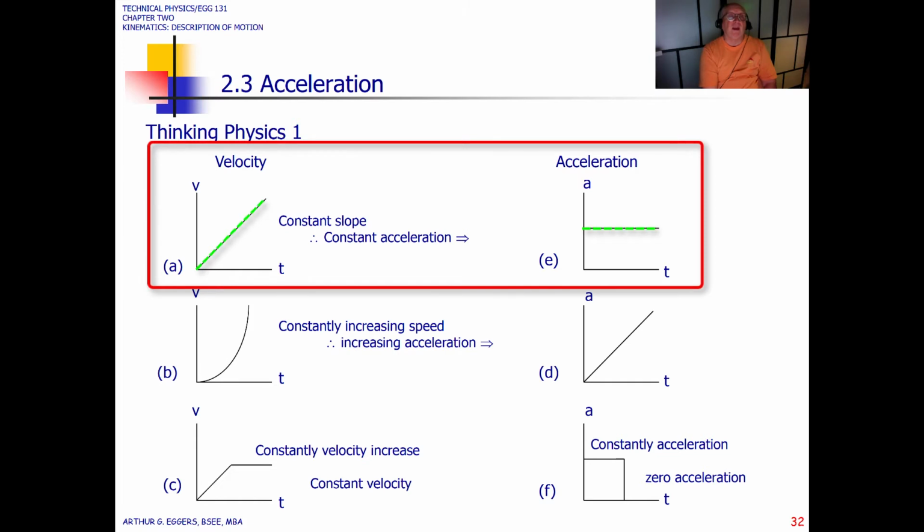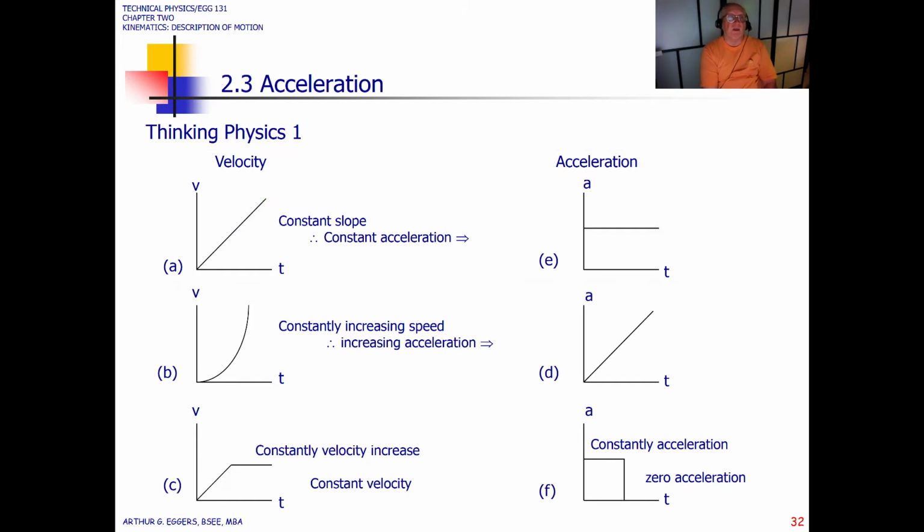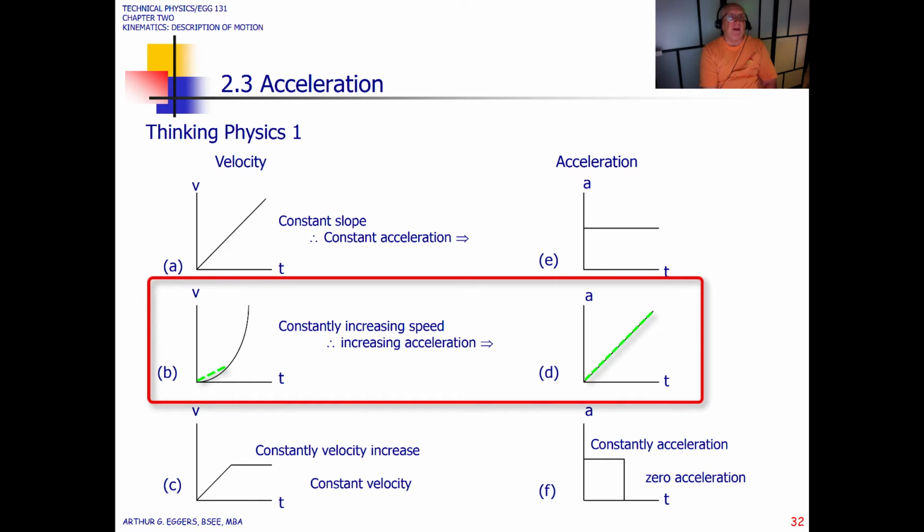Therefore, we have a constant acceleration. In the next one down, B, same graph, velocity versus time, constantly increasing speed, and we therefore have a constant acceleration in its associated graph.